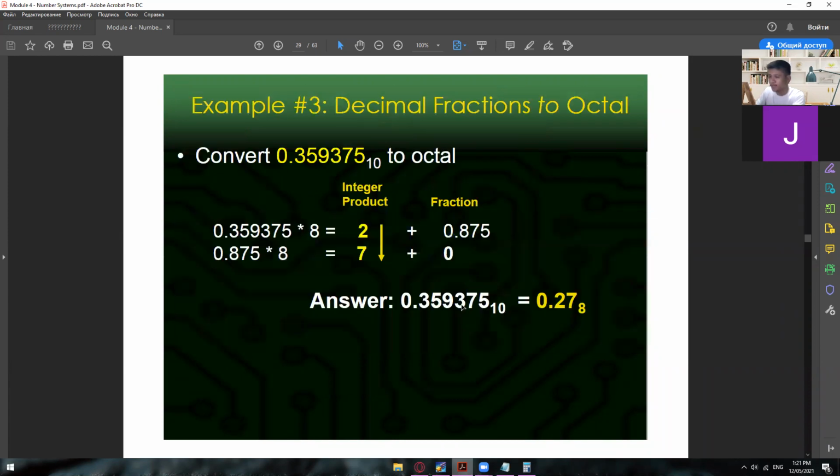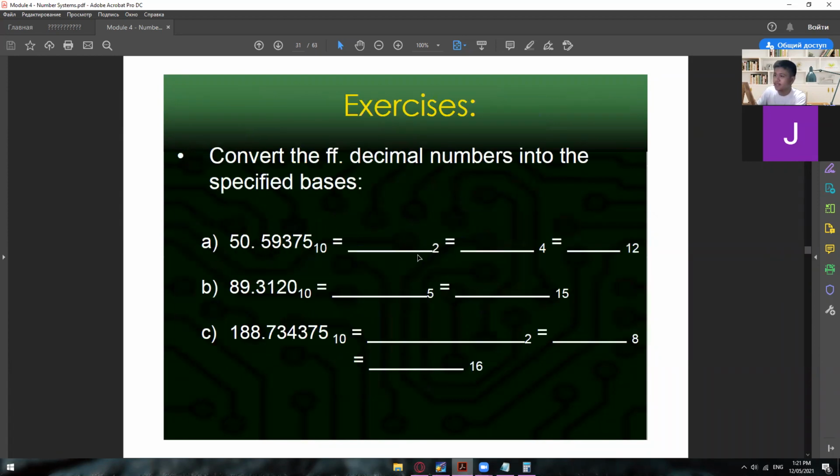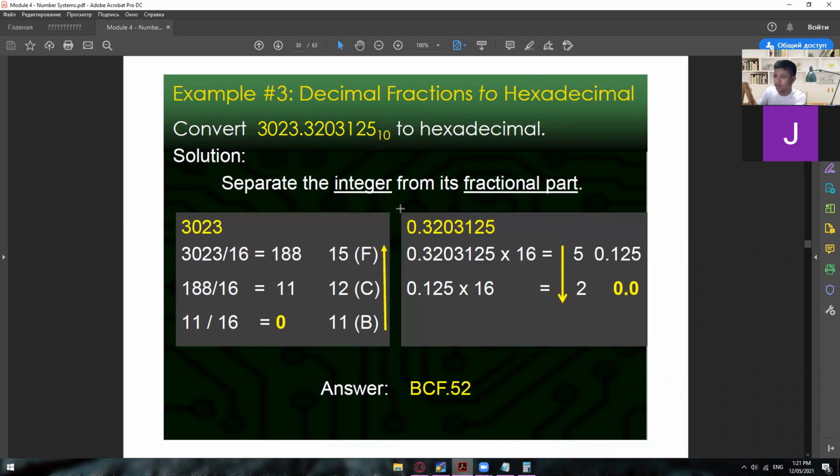So in here we have bottom to top, and in here we have top to bottom. In here we have a divisor, we divide, but in here we have multiplication. The one that we're going to get as our final answer here is the remainder part, but in here the one that we're going to get as our final answer is the integer.